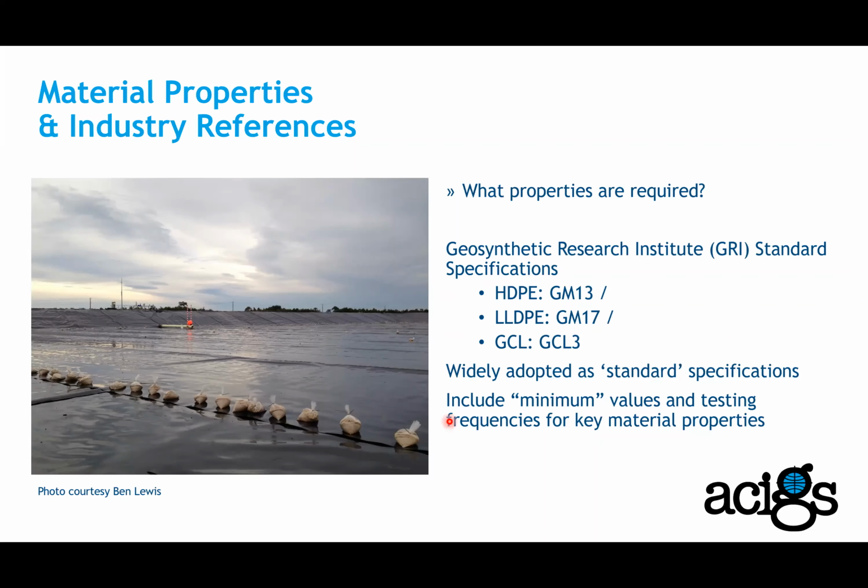They are widely adopted as standard specifications around the world, and they include minimum values and testing frequencies for key material properties. But again, the question is which of the properties of the material are required for that particular application.